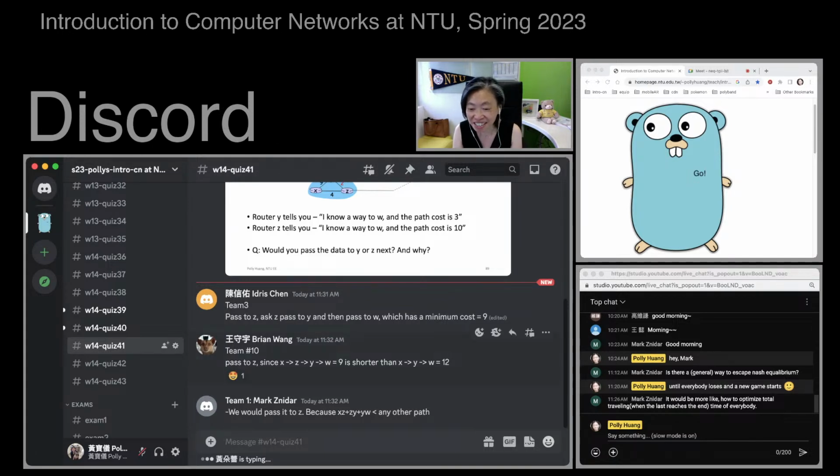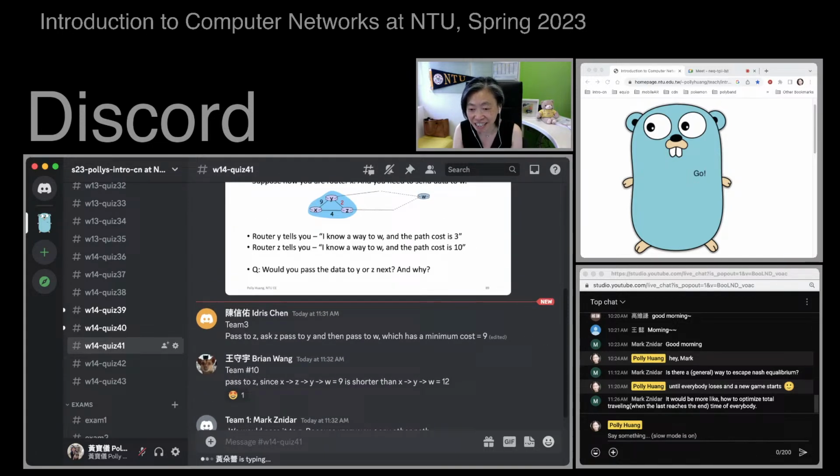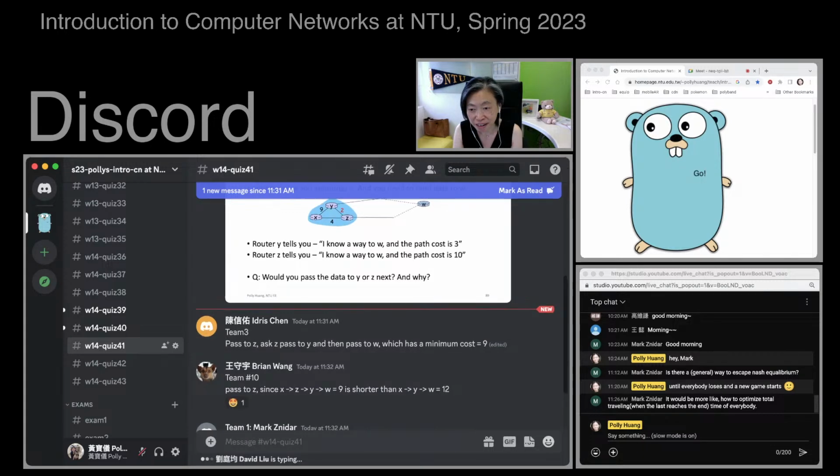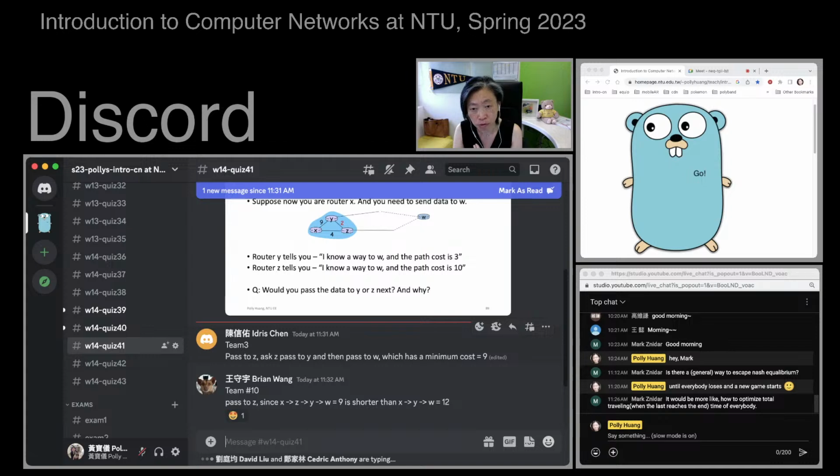Okay, I see already that Team 3 says through Z this time, right? Because the cost can be as short as 4 to go from X to Z, and then 2 to go to Y, and from Y to W, 3, and altogether just 9.